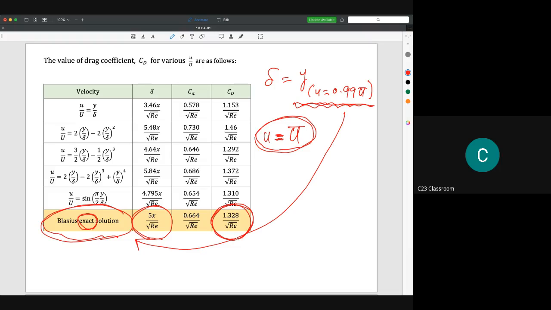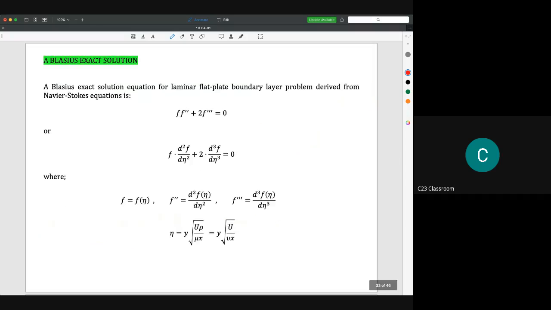So you could straightforwardly use 5x over square root of Reynolds number. Okay, but if your question clearly mentions that your boundary layer velocity profile is by the power of 4 and so on and so forth, it means that you need to use the specific value of delta and CD. Okay, so we go for the Blasius solution.